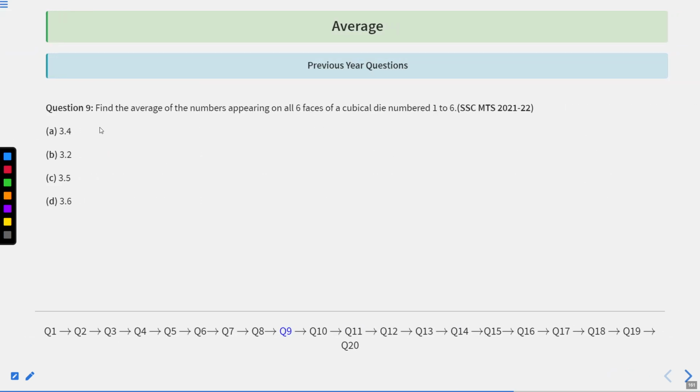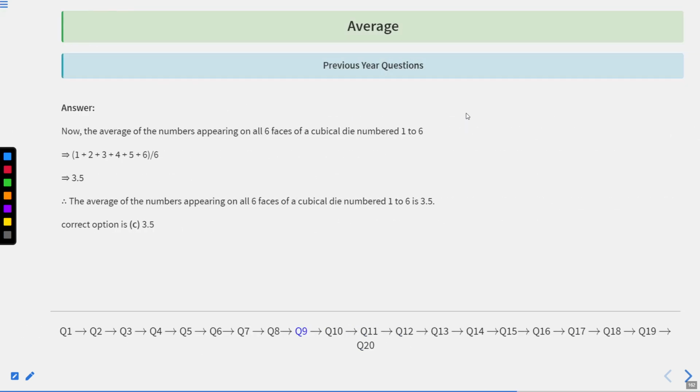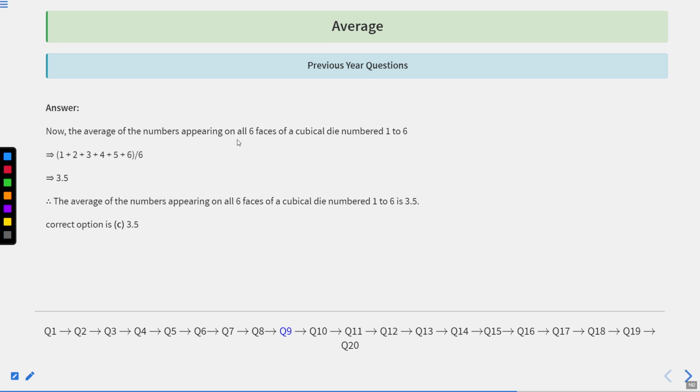Next question, question number 9. Find the average of numbers appearing on all 6 faces of a cubical die numbered from 1 to 6.